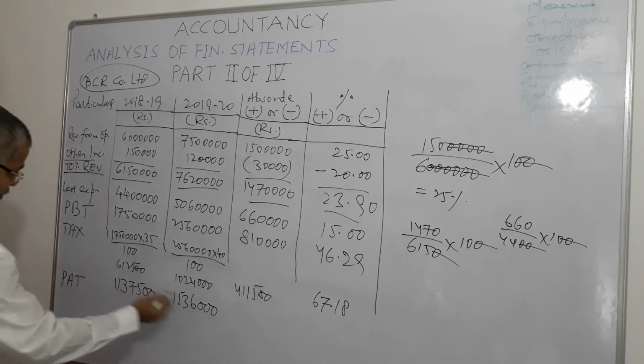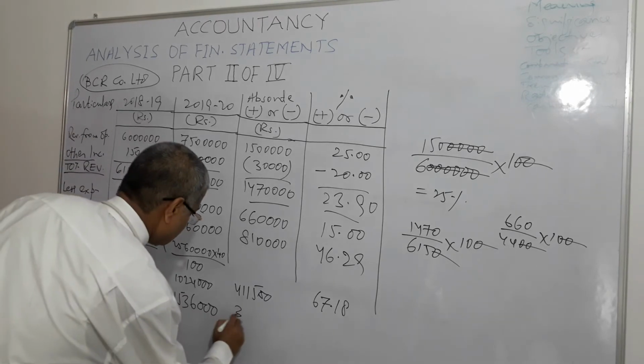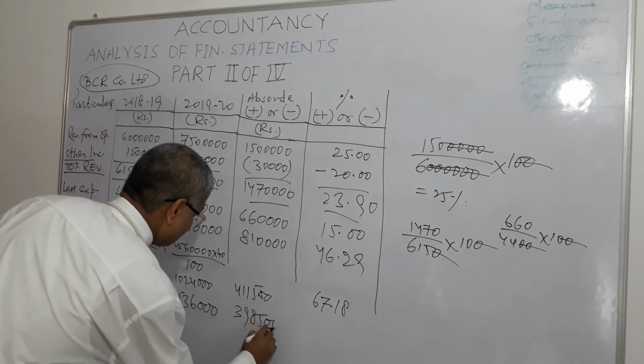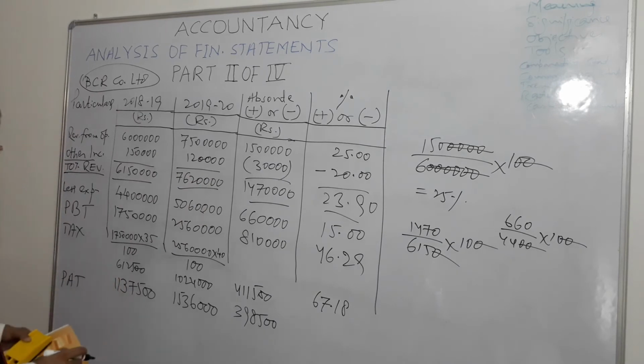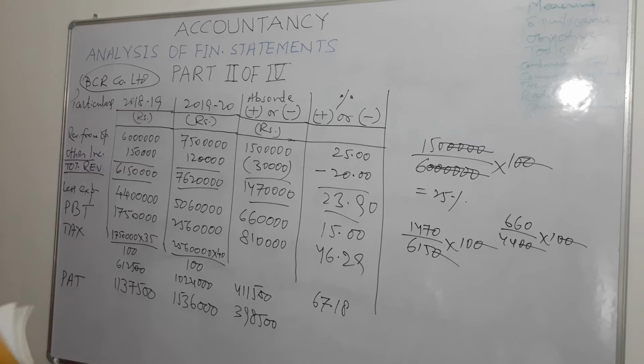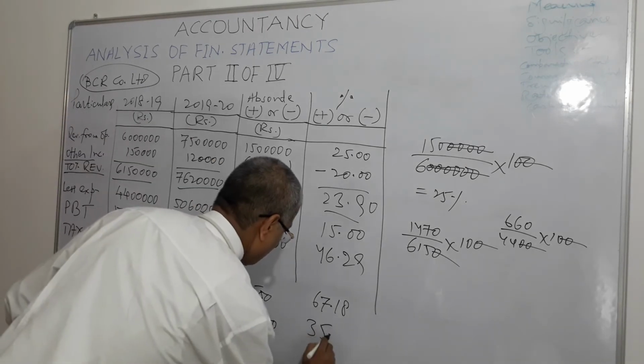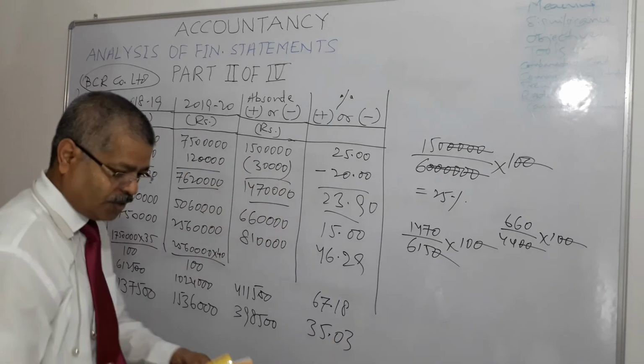So here what has happened? It has increased. It has increased by how much? 15,36,000 minus 11,37,500, 3,98,500. And 3,98,500 as a percentage of 11,37,500 will be around 35.03, right? So now we will discuss this.